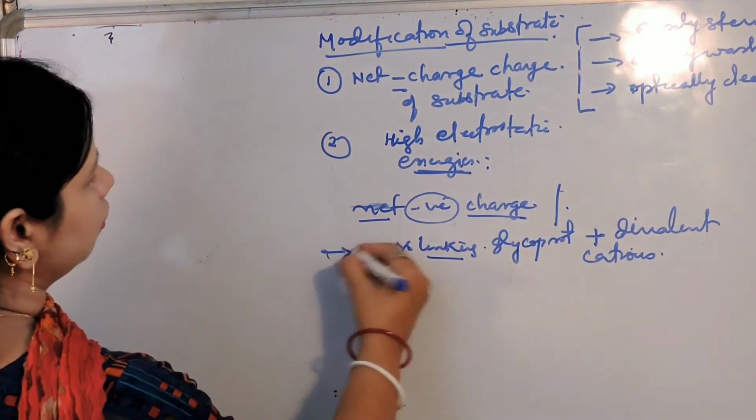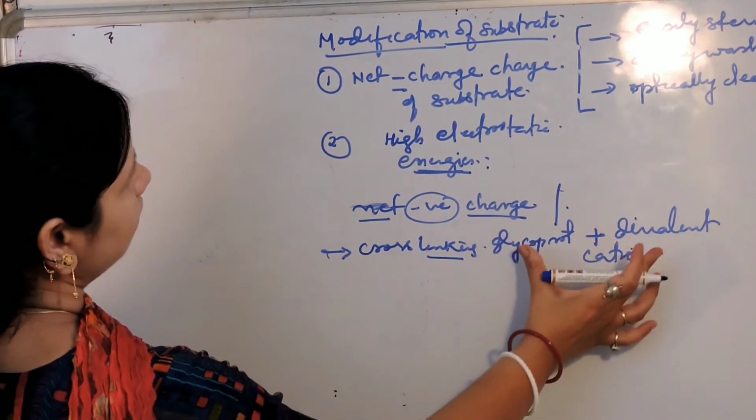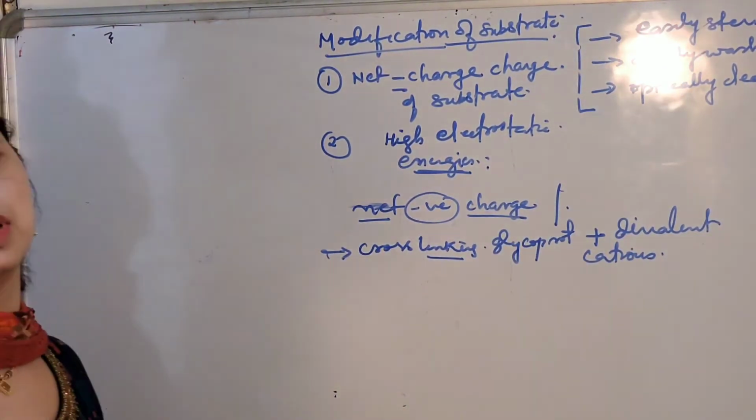Cross linking of glycoproteins and divalent cations is required for cell adhesion.